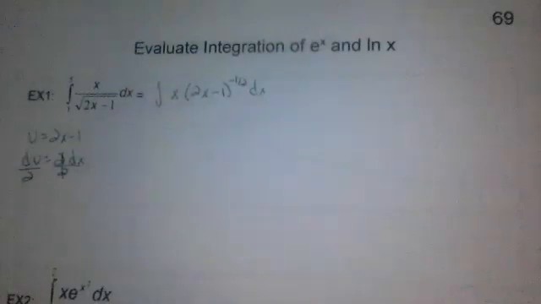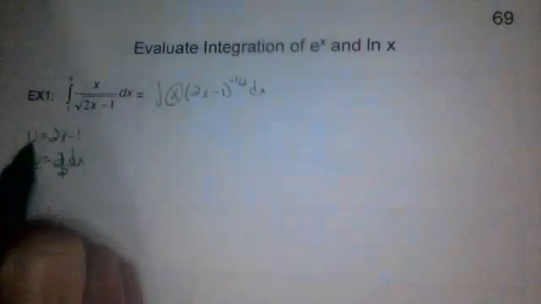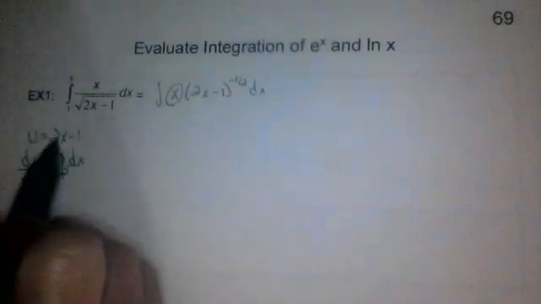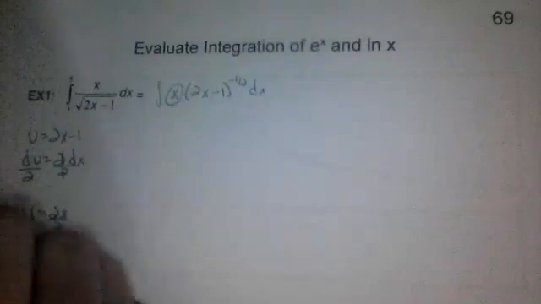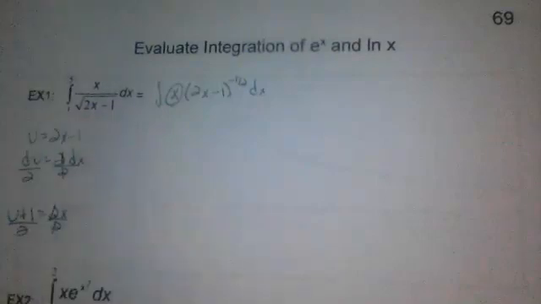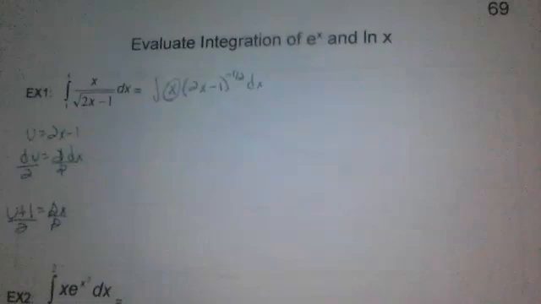So dx is going to be du over 2, but I also have an extra x in here. So remember, that's where we rearrange this so that we can solve it for x. We know that u plus 1 equals 2x, so I'll divide by 2, and I can replace that x with u plus 1 over 2.